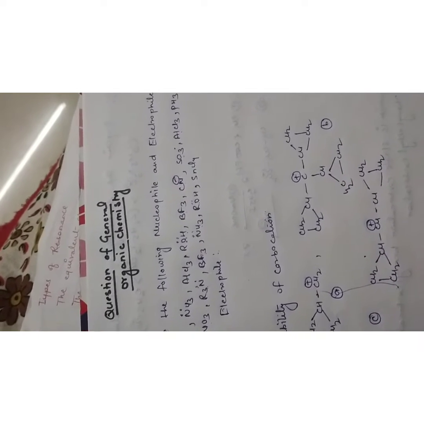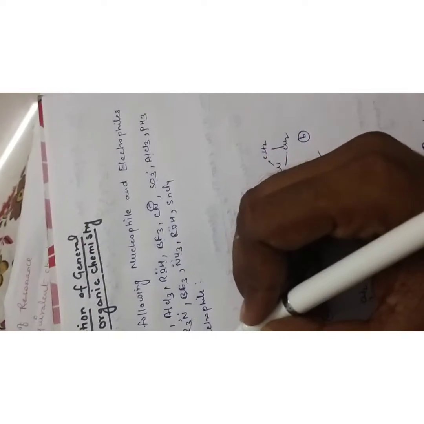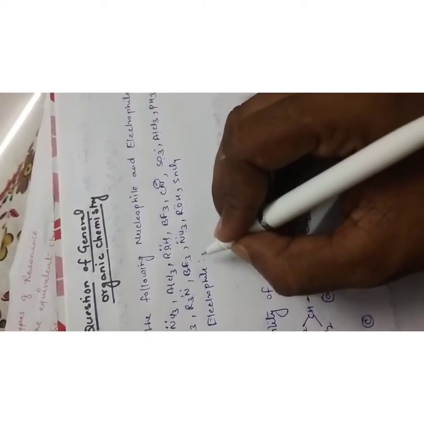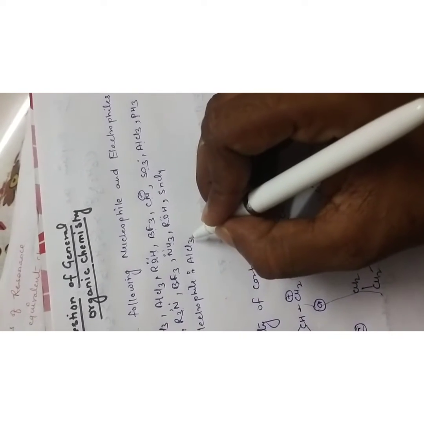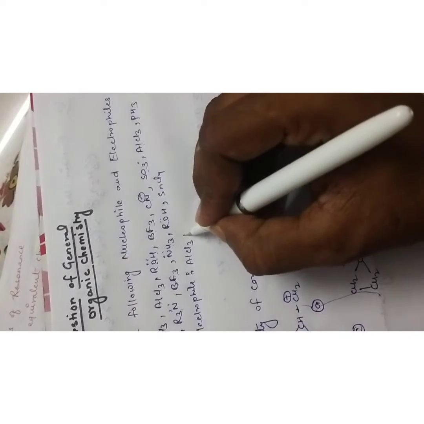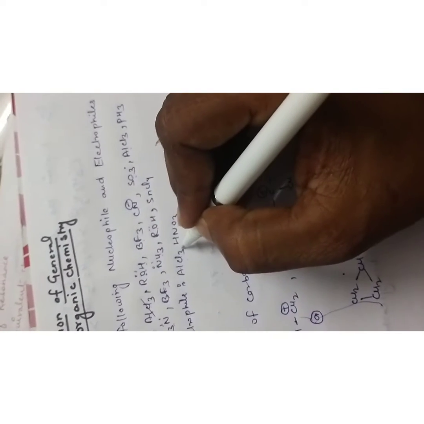So if you see here, first of all, electrophiles. What are the electrophiles? AlCl3 is an electrophile, a neutral electrophile actually. AlCl3, HNO3, so I will pick out the electrophiles.